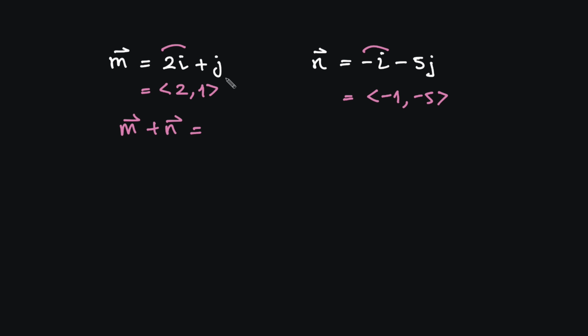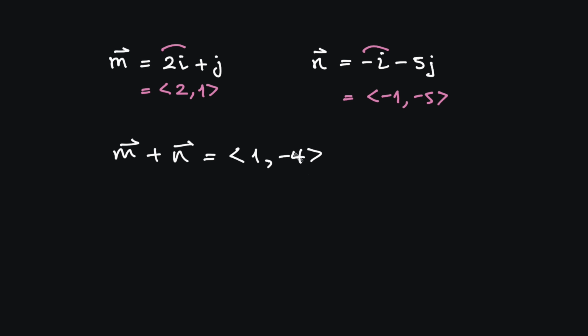To write it in unit vector form, the only thing that you do is take the component and multiply the horizontal component by i, and the vertical component by j. So we can do it like that. All right, so M plus N will be 2 plus -1, that is 1, and 1 minus 5, that is -4.